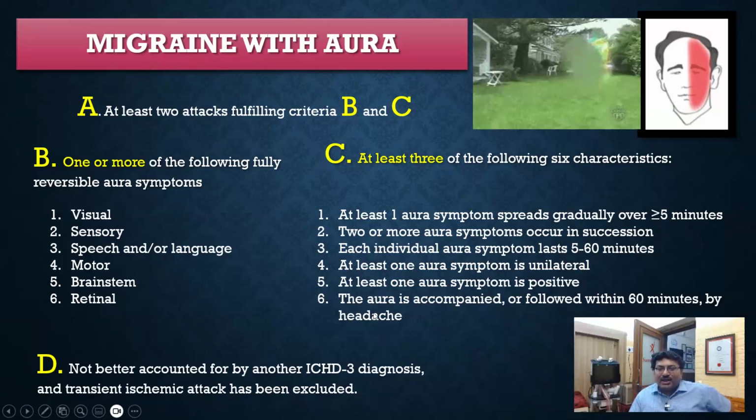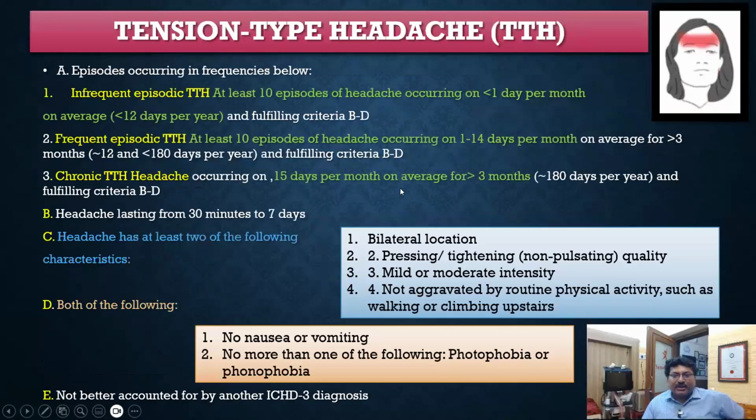So at least 3 of these should be there, and in D, it should not be better explained by any other ICHD3 diagnosis. And remember, in all cases, it should not be explained by another diagnosis. That is very, very important. And TIA should be excluded here in case of migraine with aura.